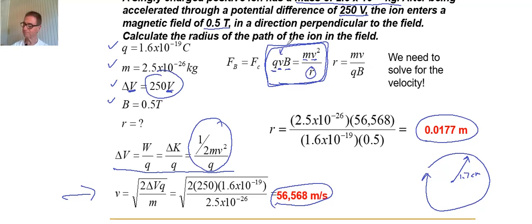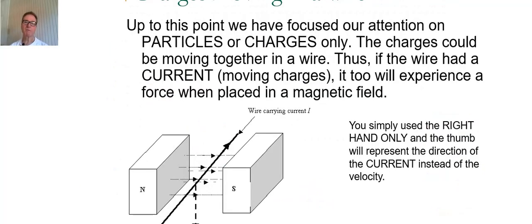So be careful there. Okay, so up to this point we talked about single charges moving through a magnetic field, but I've also mentioned that a current running through a wire is just made up of many particles or charges, right? Many electric charges. So it's really no different. If I have a stream of electrons in a wire moving through a magnetic field, those electrons collectively are going to feel a magnetic force.